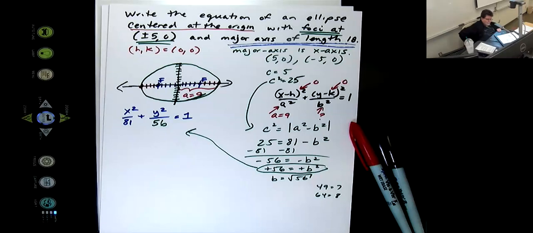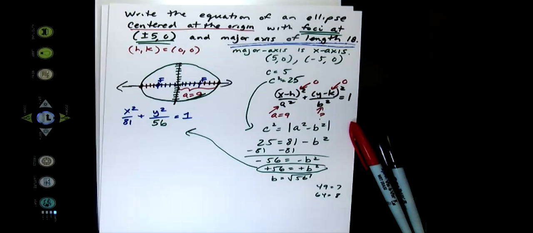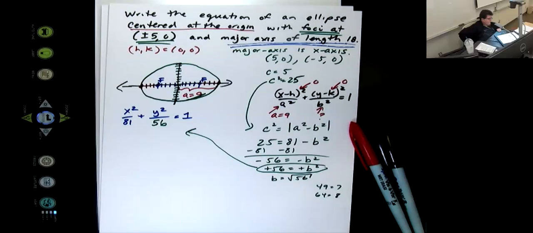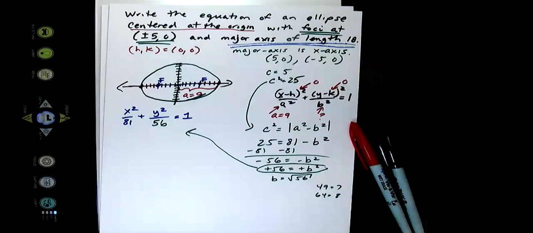It's not 8, it's the square root of 56, which is close to 8. It's about 7.5.